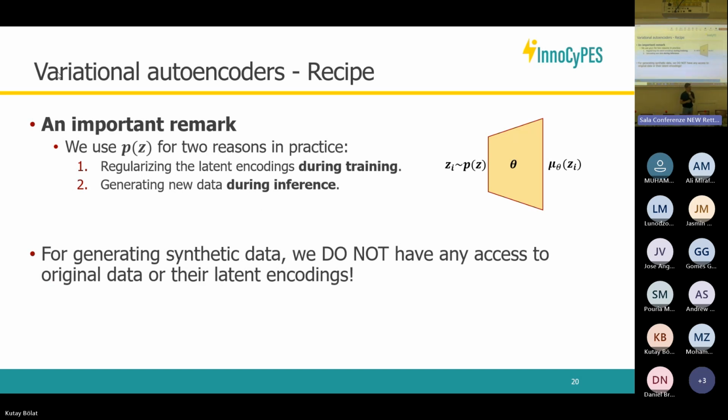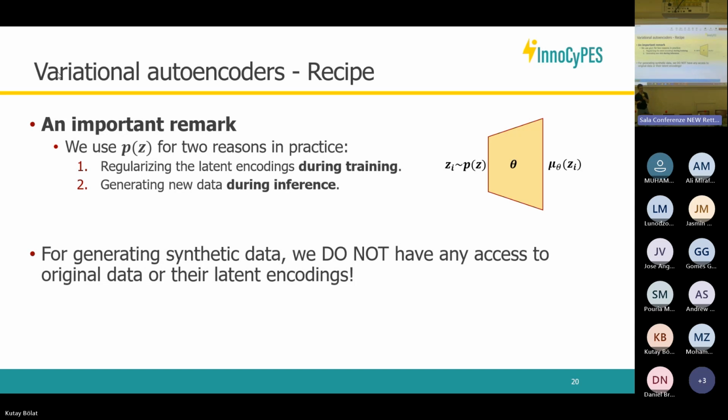So, one important remark. We use the prior distribution for two reasons in practice. Of course, regularizing the latent encodings during training, which is important for training. And also, at generation time, if you remember the marginal log likelihood, we had an integral of p(x|z) times p(z).